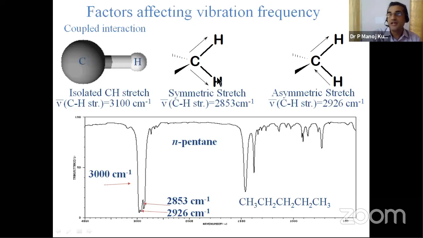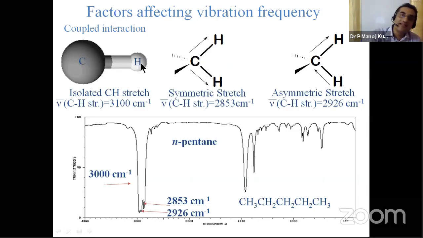That is why I said very specifically that I was considering an isolated carbon-hydrogen bond. Here the carbon-hydrogen bond is within a methylene group, and there is a big difference between the two.